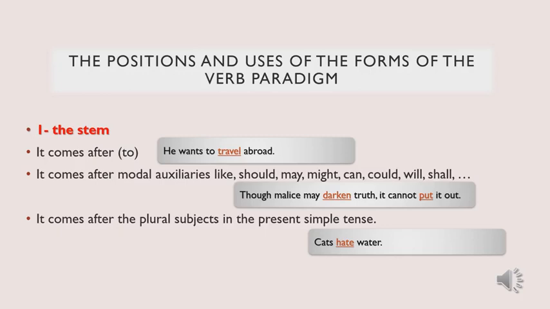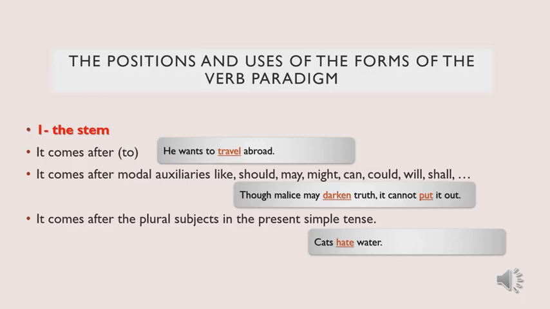The third position is that it comes after the plural subjects in the present simple tense. When the subject in a present simple tense sentence is a plural noun or a plural pronoun, the following verb should be in its stem form. It means that there should not be any inflectional affix attached to it.